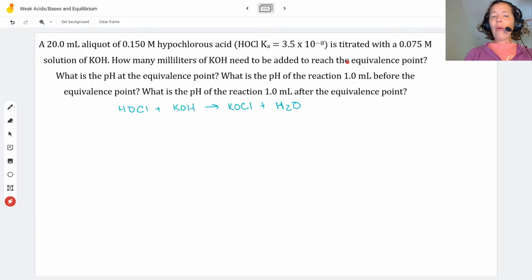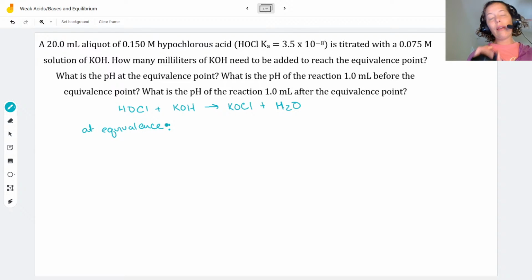All right, so what we need to do first is figure out how many milliliters of potassium hydroxide are needed to reach the equivalence point. What is the equivalence point? What is going on at the equivalence point? Because that is how we're going to determine how many milliliters of potassium hydroxide we need. So at the equivalence point, so we'll say at equivalence. Now, this is equivalence. This is not endpoint.